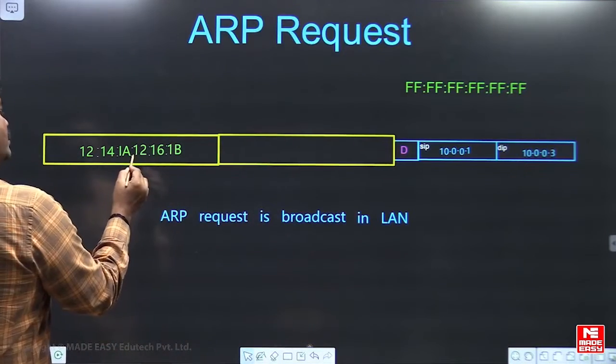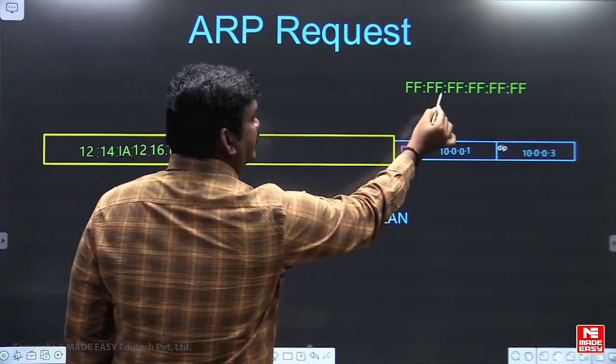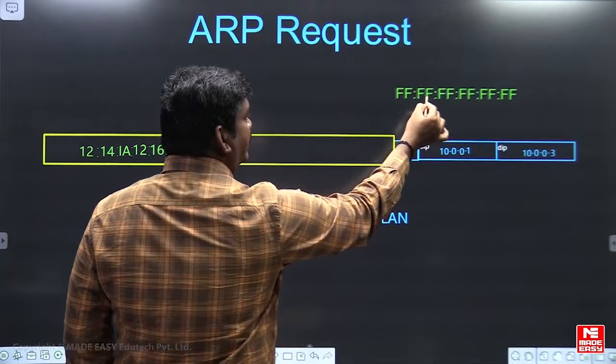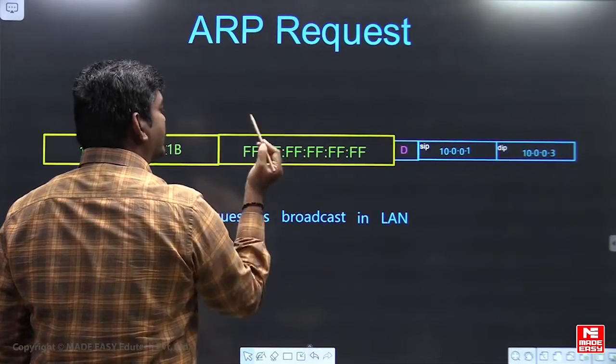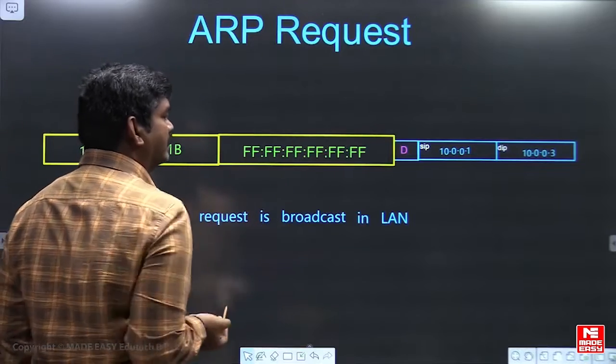You already know the source IP, destination IP and source MAC, but what you don't know is the destination MAC address. That's why you can see this is called the broadcast MAC address. That is going to be placed here. So this is the source MAC address and this is the destination MAC address.